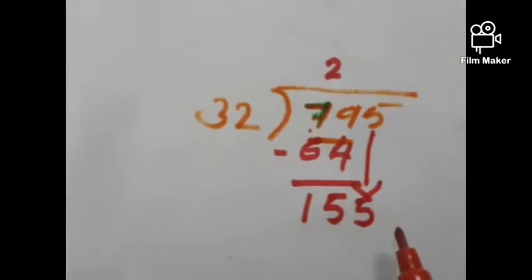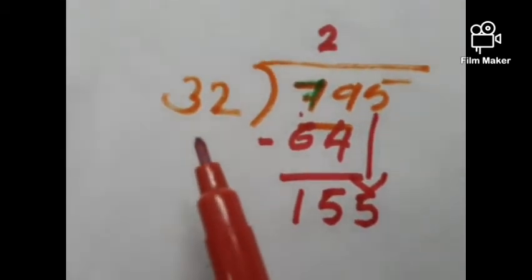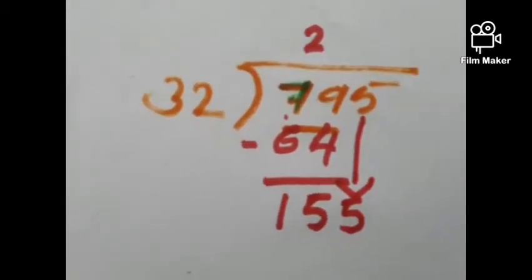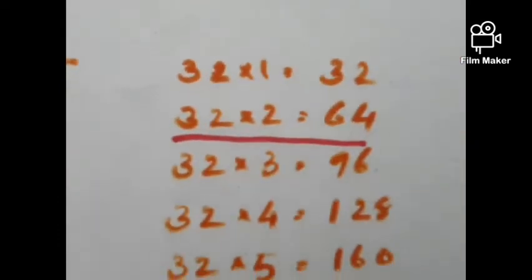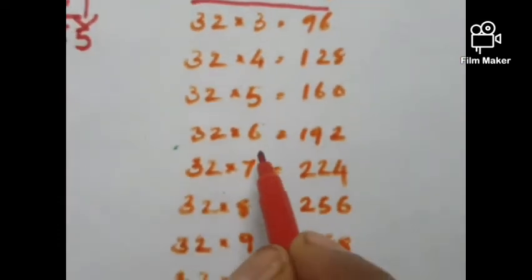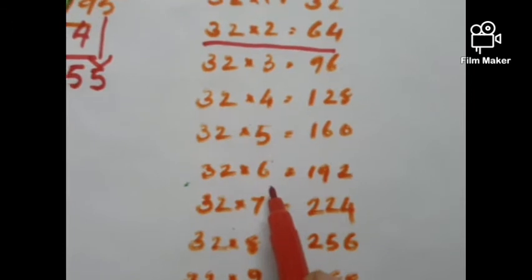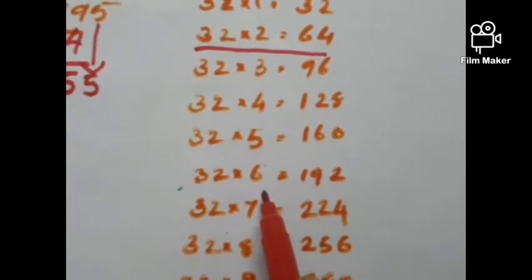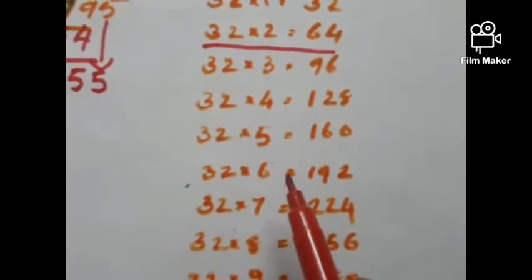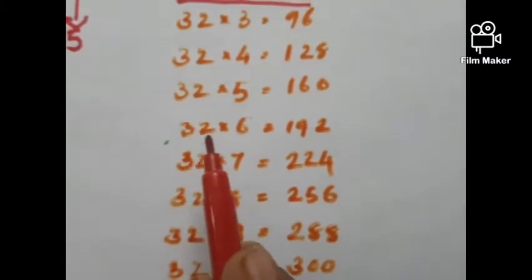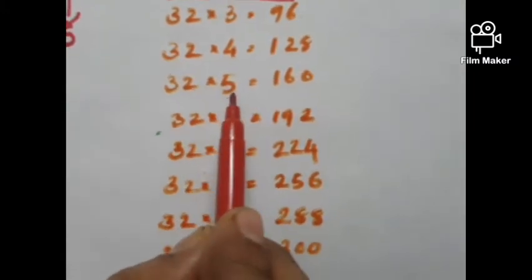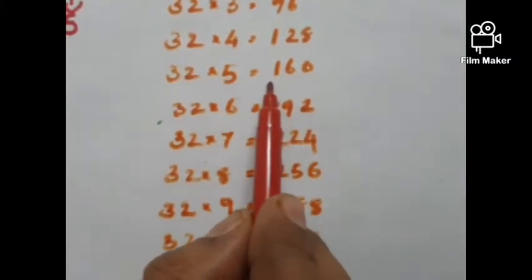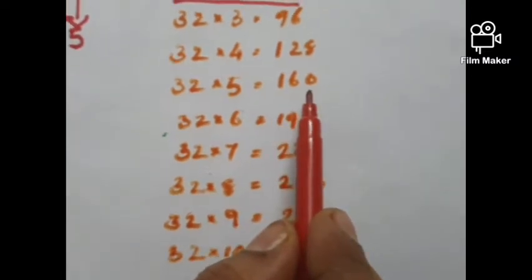Now divide 155 by 32. Okay. Again we look at the table here. 32 into 5 is equal to 160, isn't it?